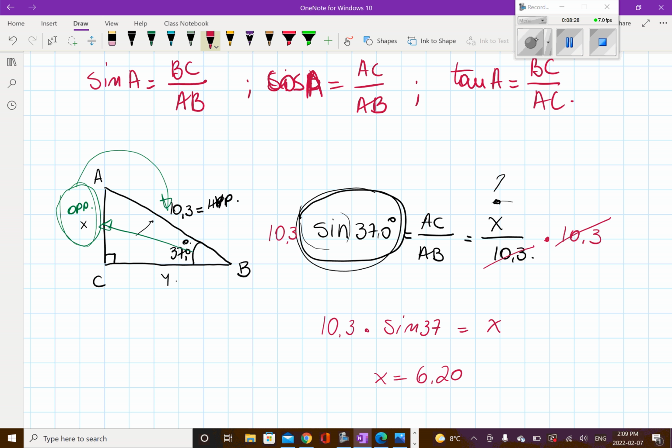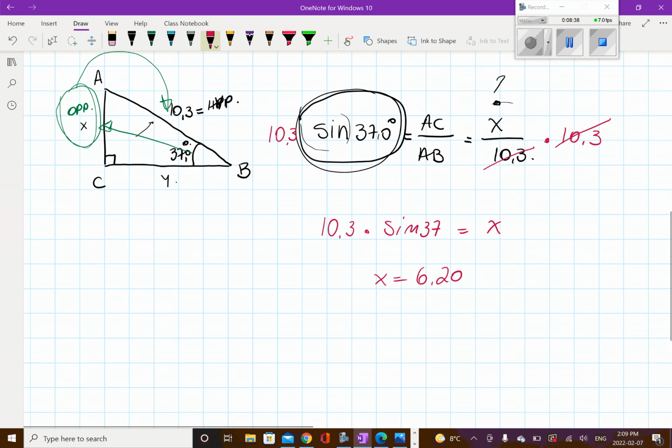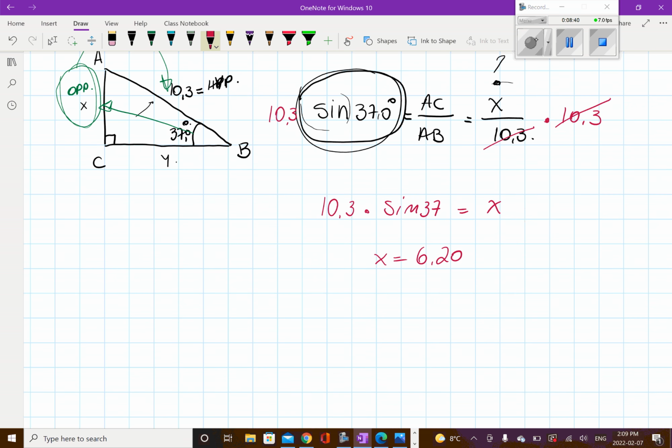Okay. Just keep in mind that the longest side of the right angle triangle is the hypotenuse. Now, we can solve for the y value, or for BC, this length here, by using cosine.